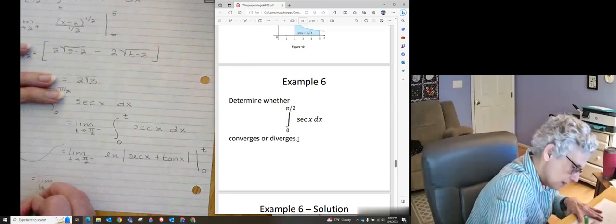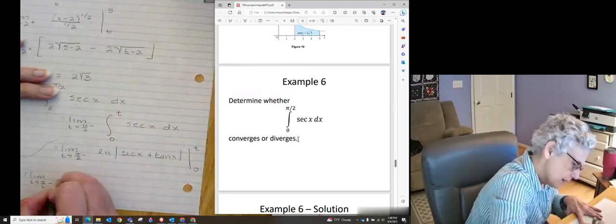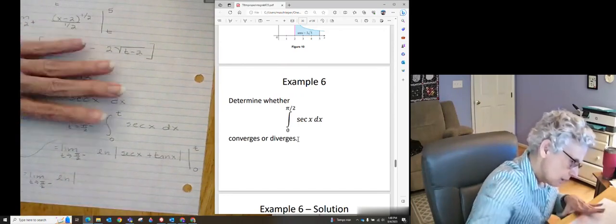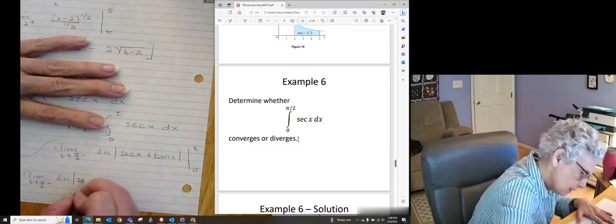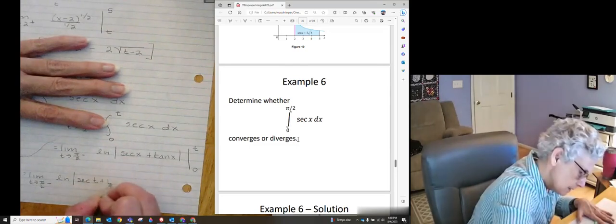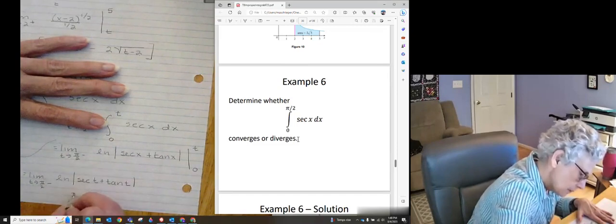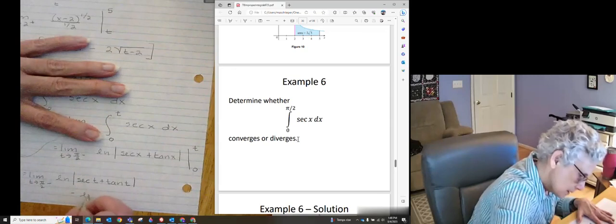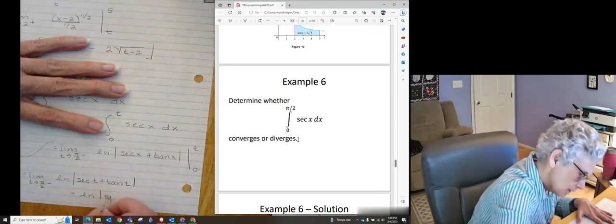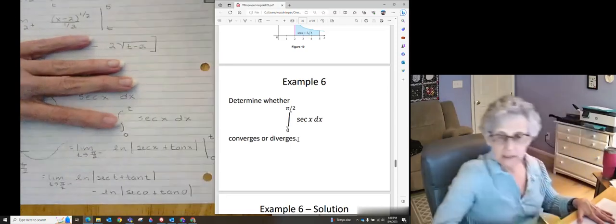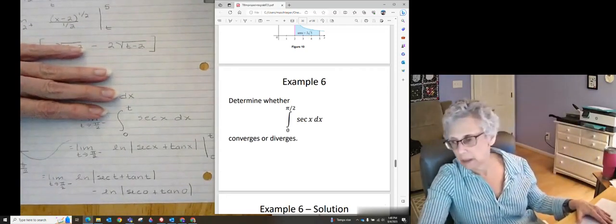So limit as t approaches pi halves from the left, natural log, I'm going to run out of room here, secant of t plus tangent of t minus natural log of secant of 0 plus tangent of 0. I'm going to get a new sheet of paper.